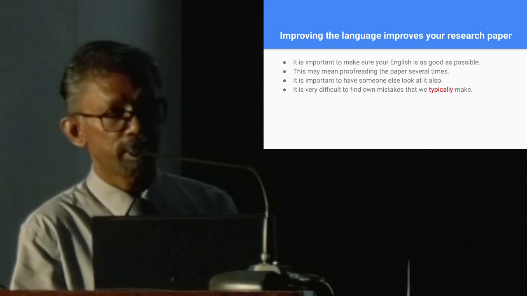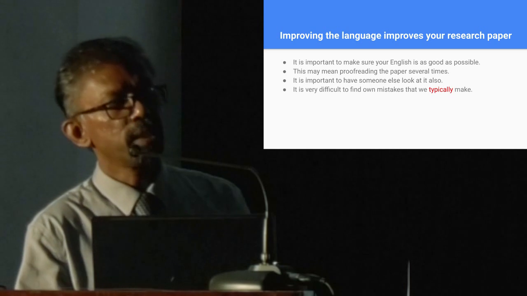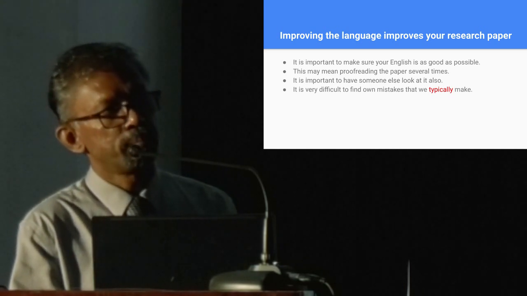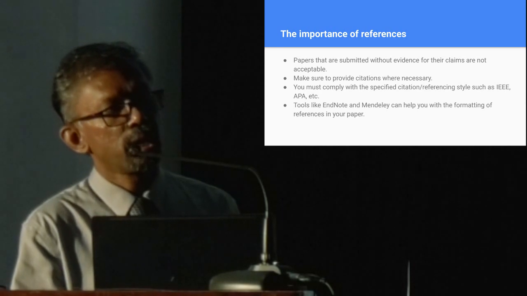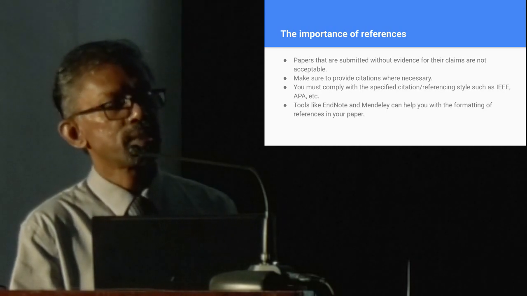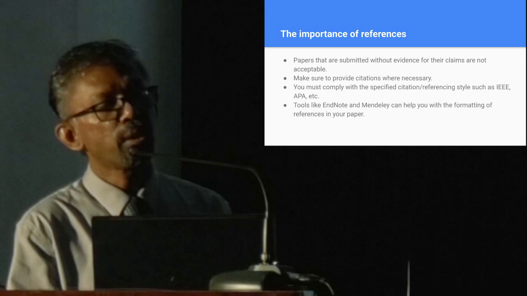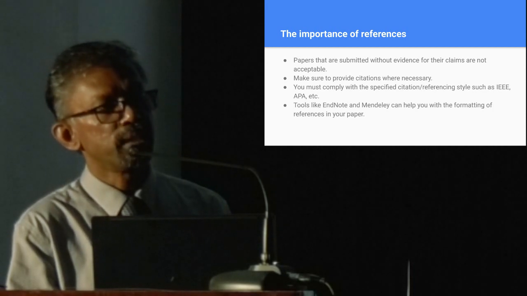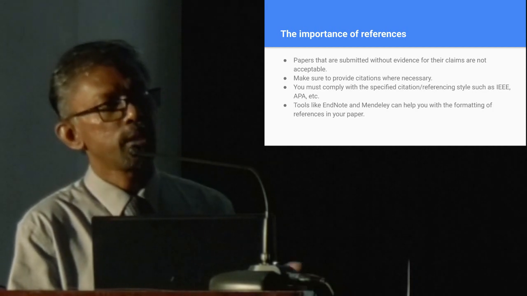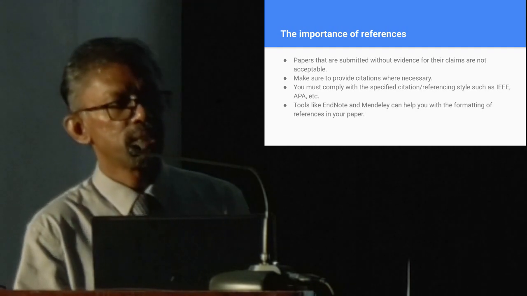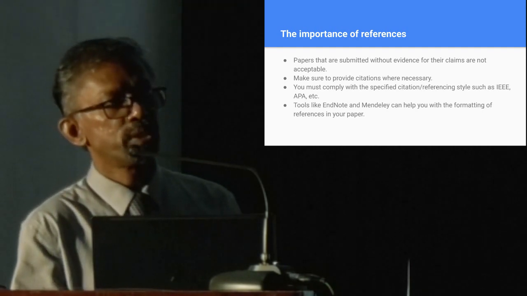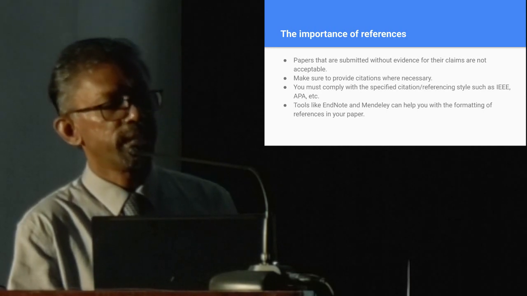And referencing is also critical for a paper. I have seen many instances where research papers are written without referring to the two key types of prior work. The seminal work, that means the foundation work on which that area rests.